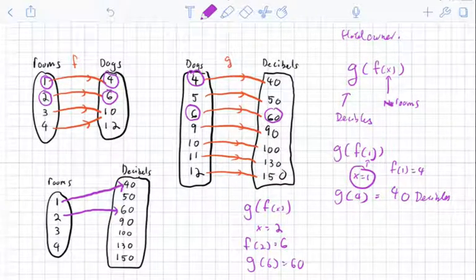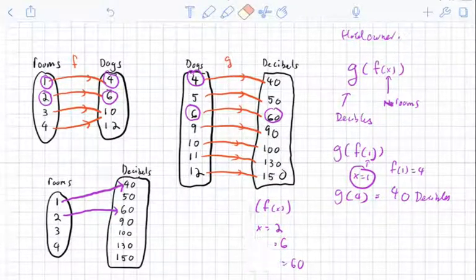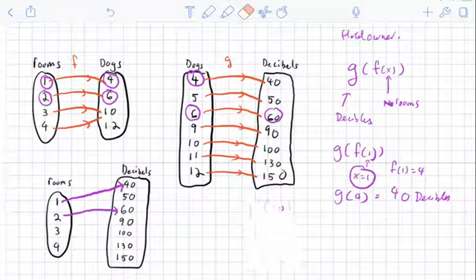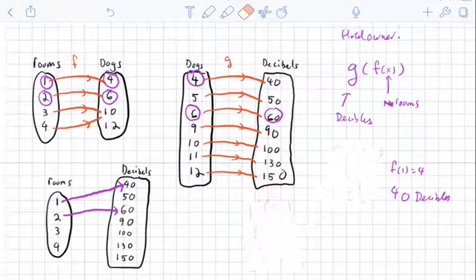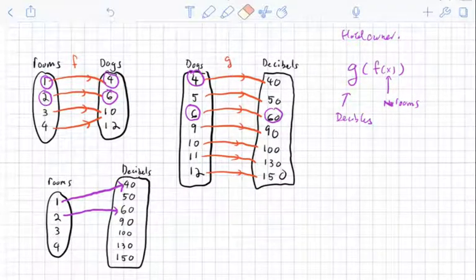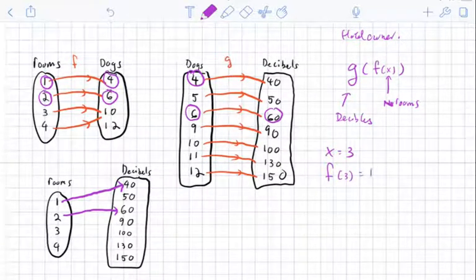I'm going to erase these. So when I empty 3 rooms, the number of dogs is 10. And then you look up 10 on this graph. When I have 10 dogs, that corresponds to 100 decibels.